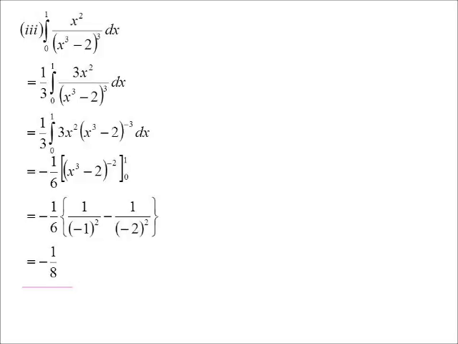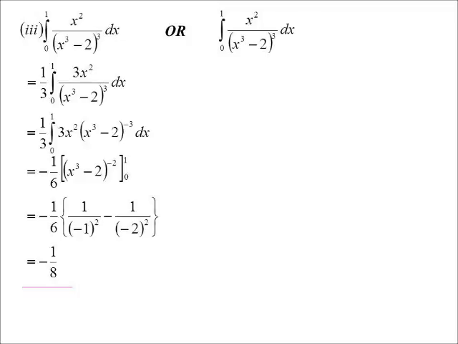I've got x squared, not 3x squared, but that's okay, because I can multiply it by 3, but then divide it by 3 out the front. So I now have derivative times the function to some power. The power in this case is now negative 3. So there it is: derivative, function to some power. I can get the function, add 1 to the power, over the power, and we're going to sub in from 1 to 0, and we get our answer.